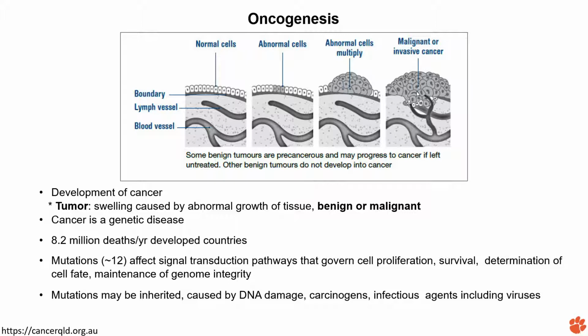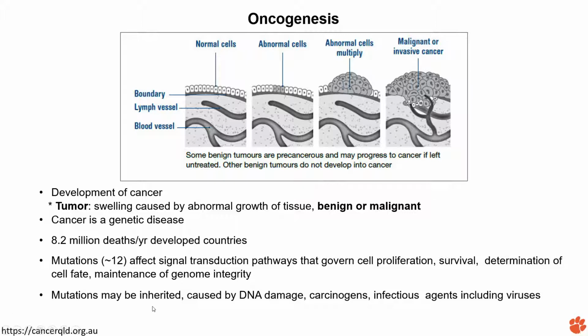So you need some additional mutations. Approximately 12, but as low as 7: between 7 and 12 mutations are usually required before you can have cancer. So a lot of things need to go wrong, and all of these wrong things need to happen in one cell. If they happen in different cells, which happens every day, it really doesn't matter. But all of these mutations have to happen in the DNA of a single cell, and that cell can become either transformed or, with more mutations, oncogenic. So that's basically the concept.